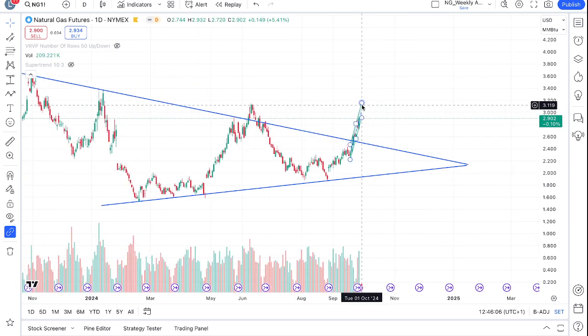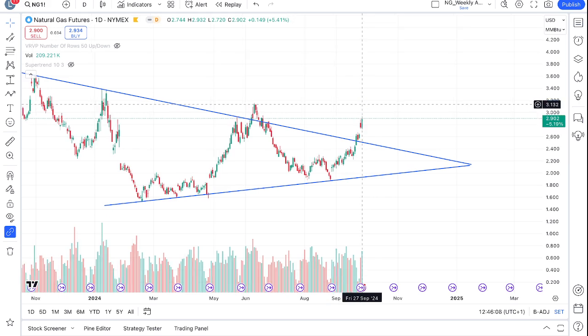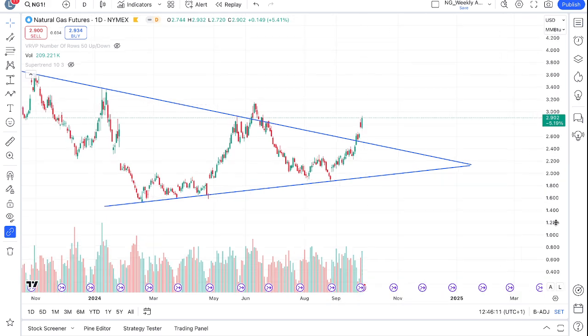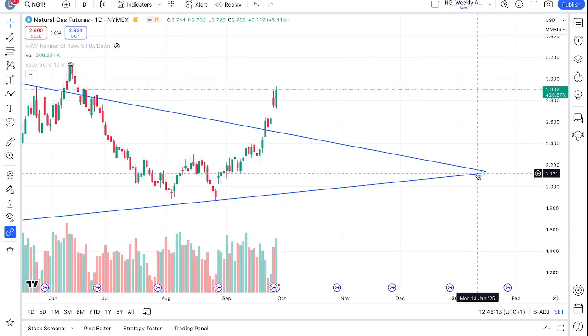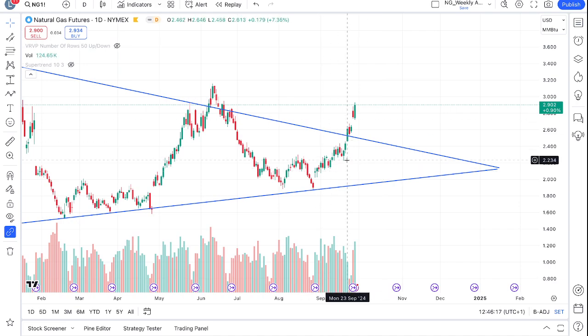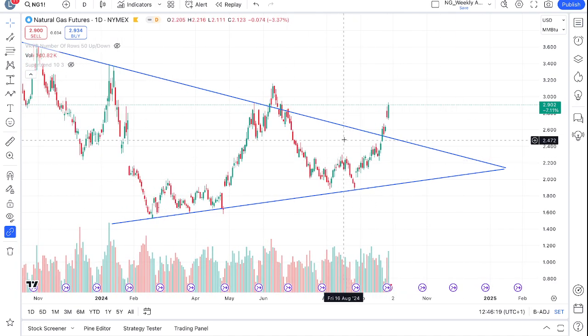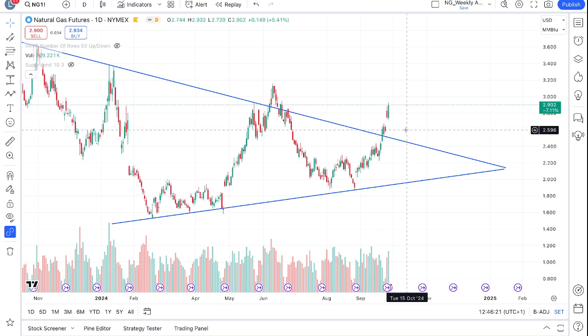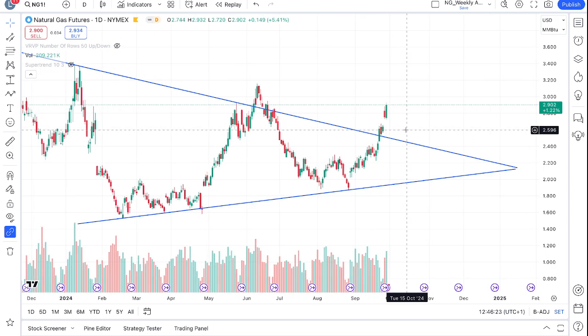Let me get rid of this channel and look at this. A nice symmetrical triangle has been broken out, and then it has been retested nicely here. So far we have a probability that the market should be heading up.